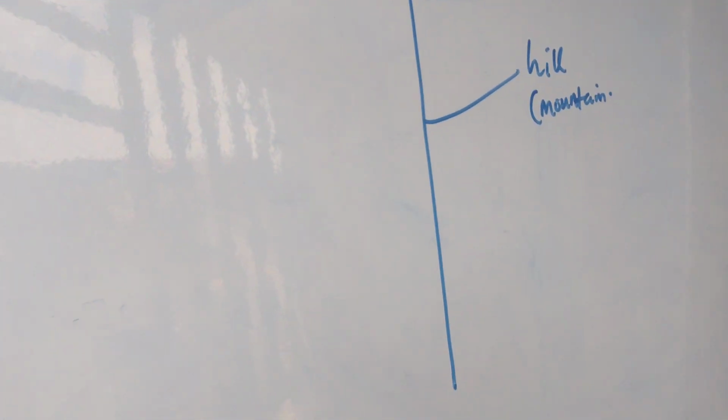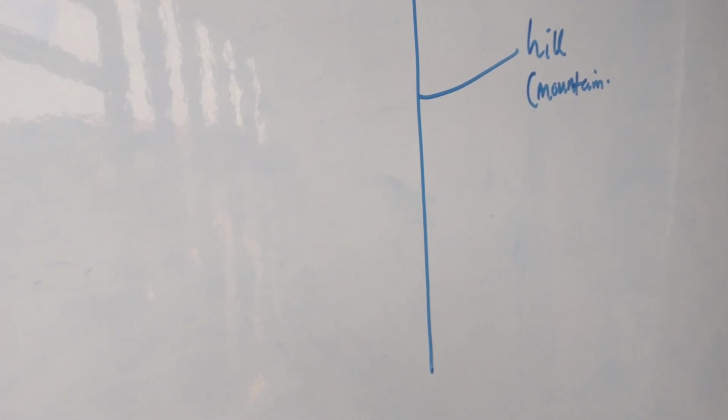Okay, so the first thing we'll do now is to take the mountain or the hill. This is the hill. Call this the hill or the mountain. And then they say a measuring instrument is used at points P and Q on the same horizontal level, and it is used to measure the angle of elevation of the top T of the hill.